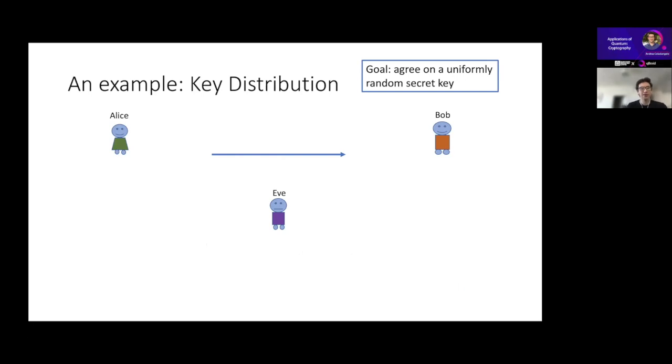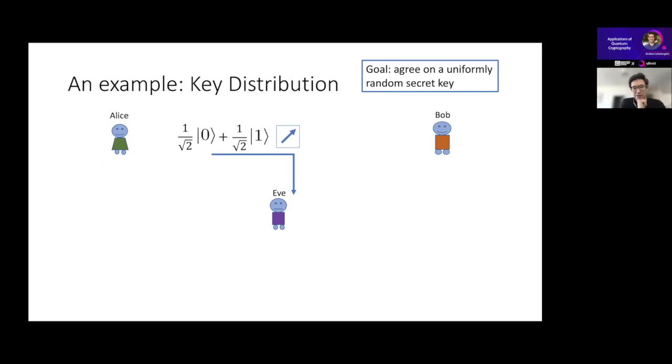And suppose that she's sending qubits either in the standard basis, so 0 or 1, or qubits in the 45-degree basis, like here, for example. And so let's say that Alice chooses the basis uniformly at random for each qubit. Now, of course, Eve can still intercept the qubit sent from Alice to Bob, and she can try to extract some information from it by making a measurement, for example.